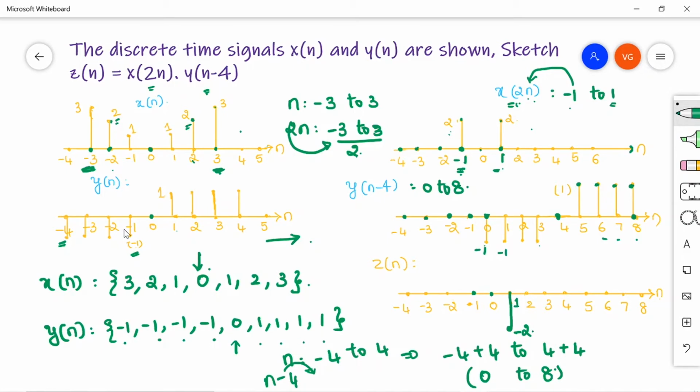Then the rest here from 2 to 8, the signal is 0 only for x of 2n. So whatever the amplitude of y of n minus 4 may be, you will get only 0, right? So 0 multiplied by any amplitude, you are left with 0. So my z of n signal is a single impulse at n is equal to 1 with an amplitude of minus 2, the resultant signal after multiplying x of 2n and y of n minus 4.